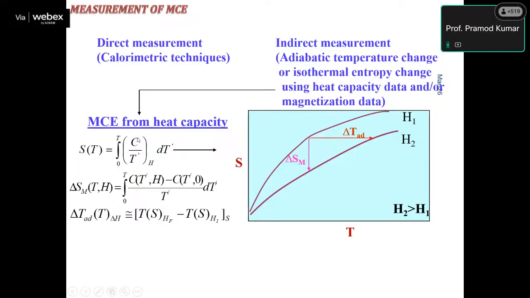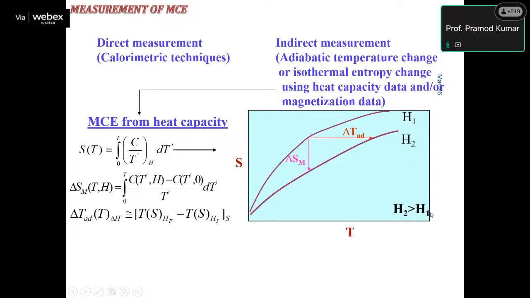And if we have heat capacity, integrating C by T with respect to dT, we can easily calculate the entropy. So this is the one curve we are showing when the magnetic field is H1, and this one when the magnetic field is H2, where H2 is greater than H1.